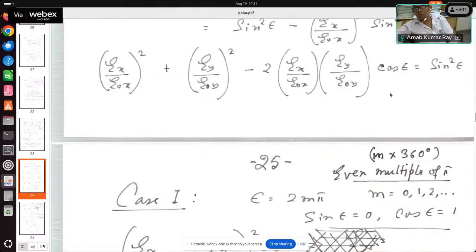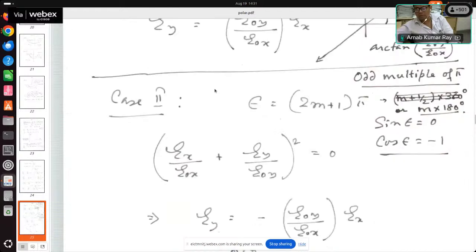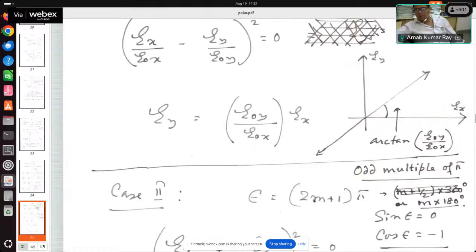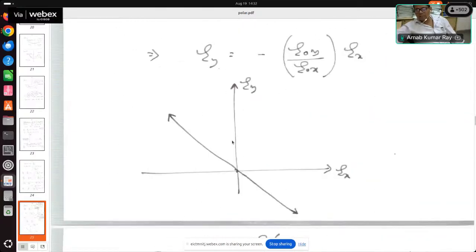And so when you factorize this equation, write it as a perfect square, it is in the form of a plus b whole squared. This is once again the same thing, except that now you have a minus sign. And so the orientation of the field will be this.